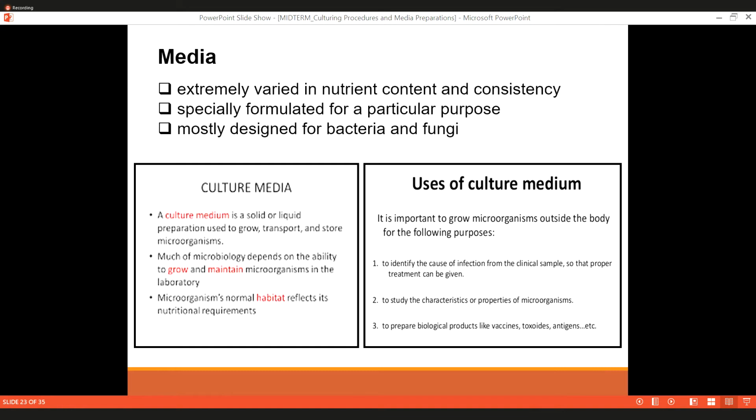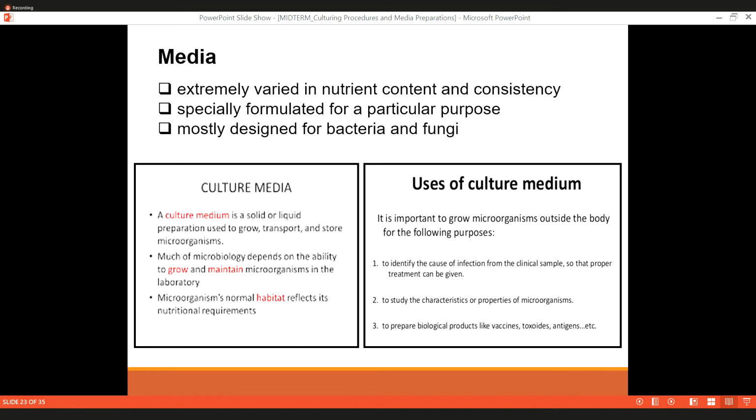Later we will identify the different media classes, in terms of which one we are going to use to grow this type of microorganism, and which media we will use if we are going to transport a microorganism coming from a remote area, etc.